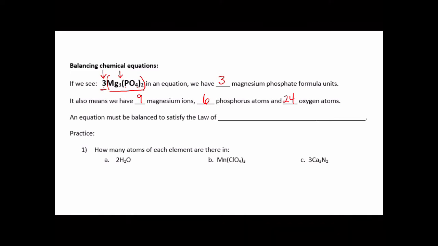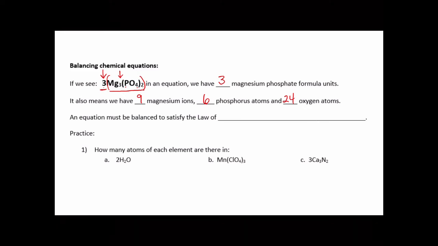So take a look at those numbers, 9 magnesiums, 6 phosphorus, and 24 oxygens, and see if you fully understand where those numbers came from. And if you don't, just rewind and give it another listen and another watch.